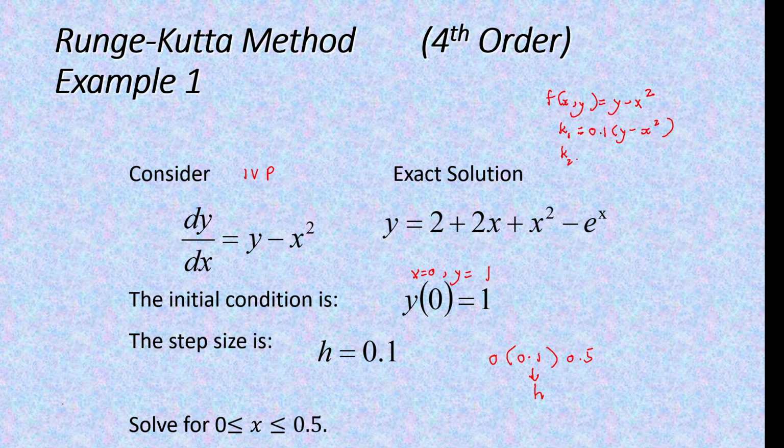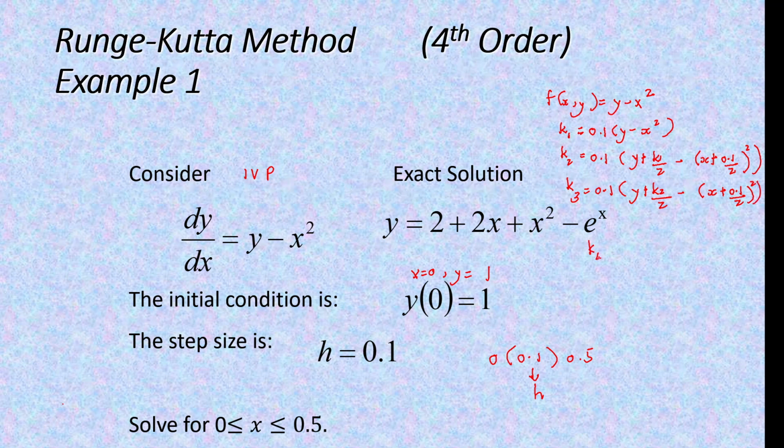And then K2 is still h multiplied, where y becomes y plus K1 over 2, and x becomes x plus h over 2, which is 0.1 divided by 2. This is K2. And then K3 is 0.1 times f, where y becomes y plus K2 over 2, and x is still x plus h over 2, which is 0.1 over 2 squared.